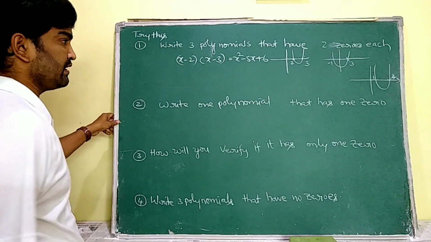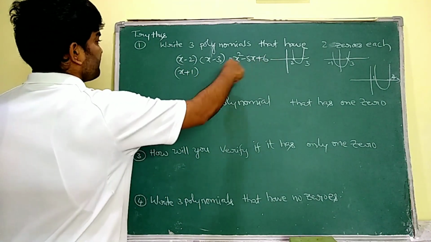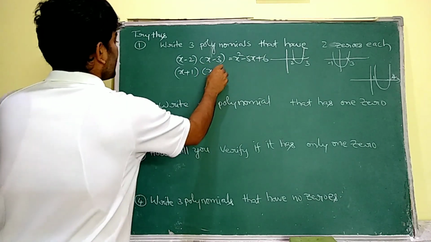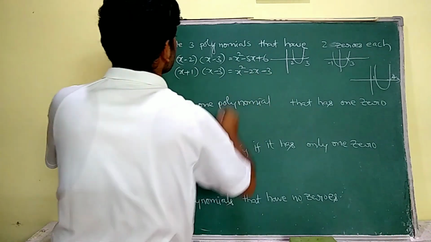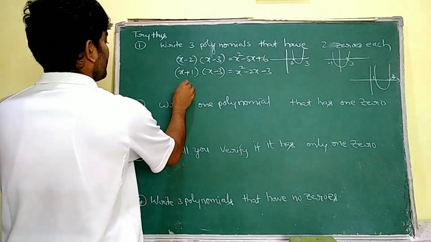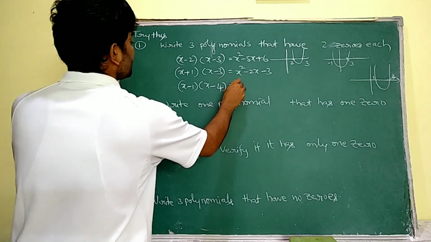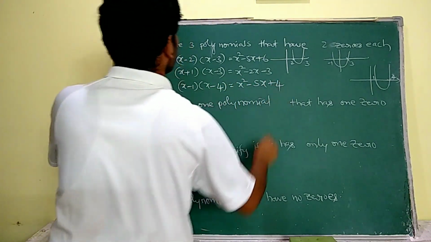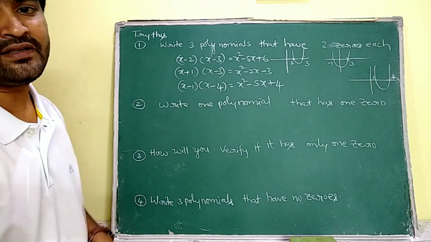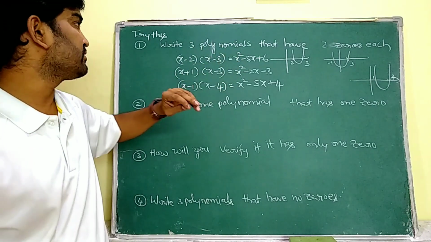It is one polynomial. And the other one, x plus 1, why? Because x minus of minus 1, and x minus 3, equal to x square minus 2x minus 3. And another polynomial, x minus 1 into x minus 4, is equal to x square minus 5x plus 4. In this way you may write quadratic polynomials which have two zeros.